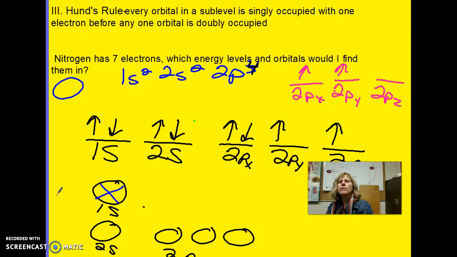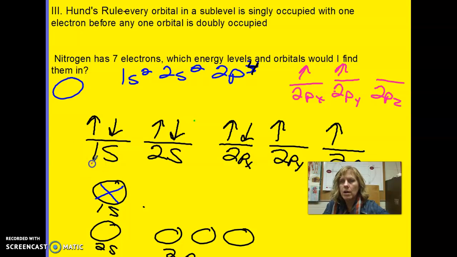Hund's rule: every orbital in a sublevel is singly occupied with 1 electron before any one orbital is doubly occupied. And again, you've already done this too, hopefully, on your electron configuration lab. So if we look at something like nitrogen, and we've already done examples of this, nitrogen has 7 electrons.